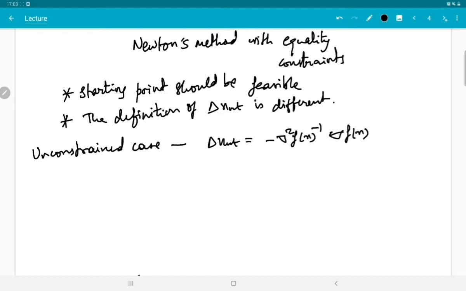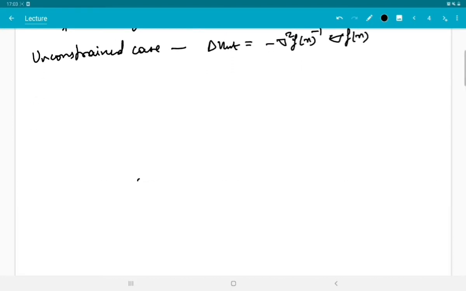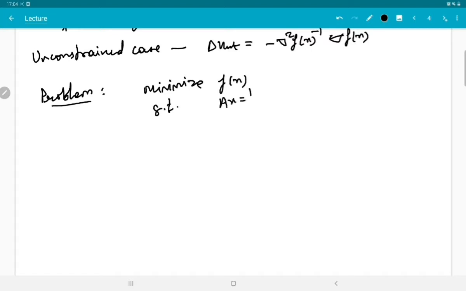So how do we go on defining delta x nt when we have constraints now? The problem we are solving is this main problem: minimize f(x) subject to Ax equal to b.